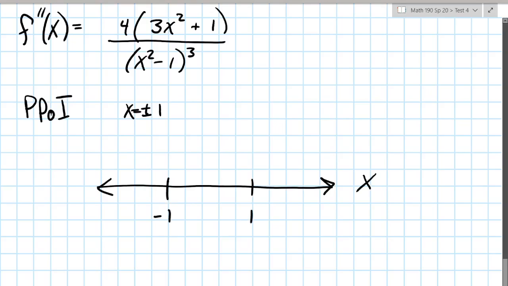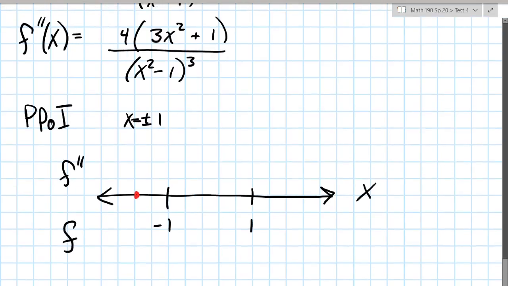Doing our number line, taking some test points to the left here. Again, we noted that the top was always positive. For the bottom, if I take negative 2 squared, I get 4. 4 minus 1 is 3. 3 cubed is a positive number, which gives us concave up.